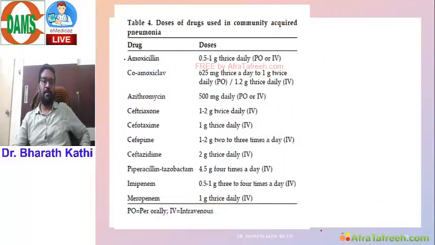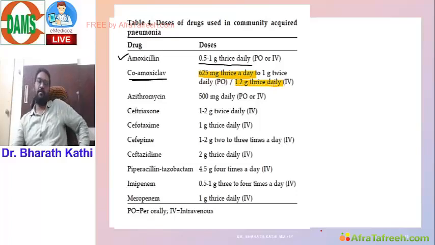So if you are giving amoxicillin, you can give 0.5 to 1 gram, 500 mg to 1 gram thrice daily. If you are giving amoxiclav, tablet form 625 mg thrice a day and 1.2 gram thrice a day IV can be given.